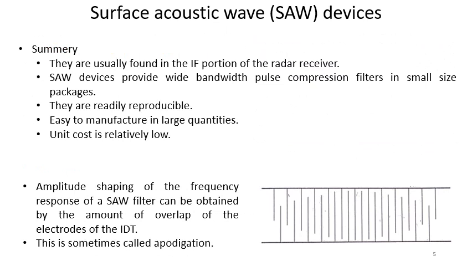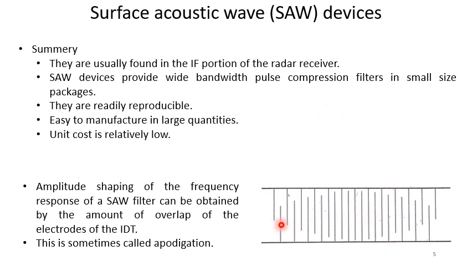So they are usually found in the IF portion of the radar receiver. SAW devices provide wide bandwidth pulse compression filters in a small size package. They are readily reproducible, easy to manufacture in large quantities, and finally unit cost is relatively low.